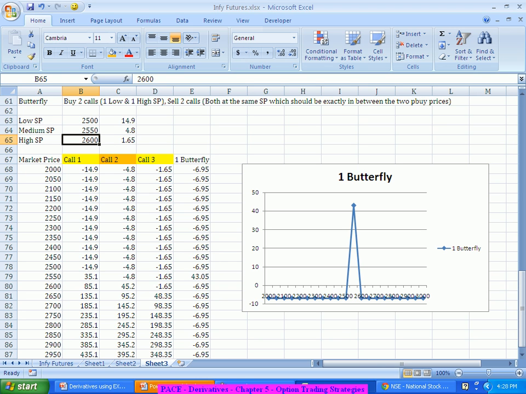Otherwise, I'll have a loss of around 7 rupees. So in the whole range, my loss is not more than 7 rupees, 6.95. But if the stock is within this very narrow range, I'll make 43 rupees profit. So my profit is either 43 or my loss is 7.